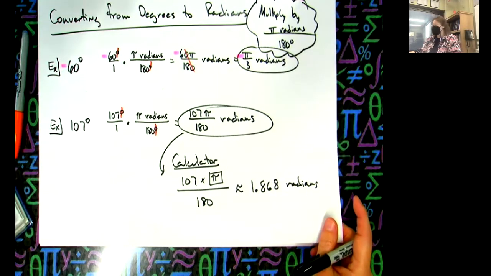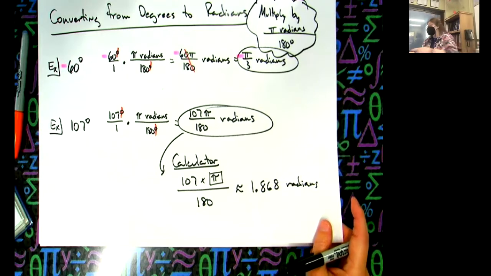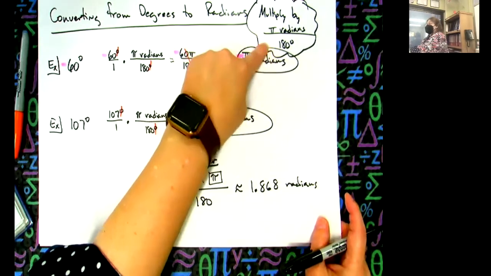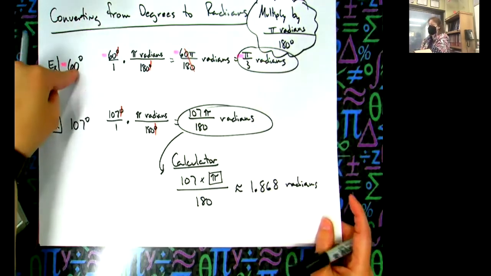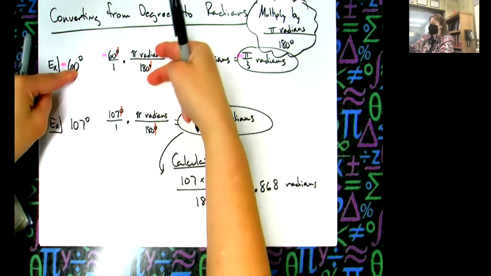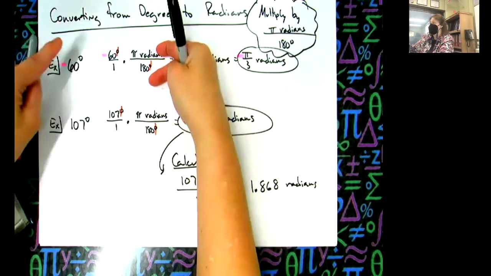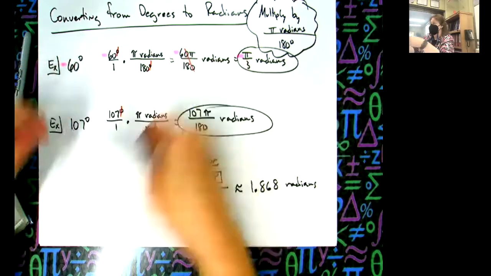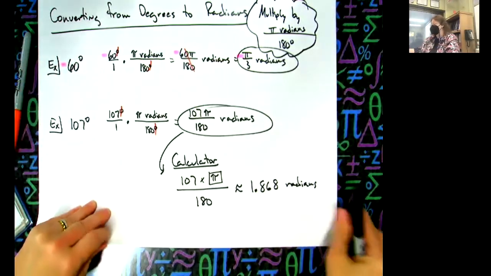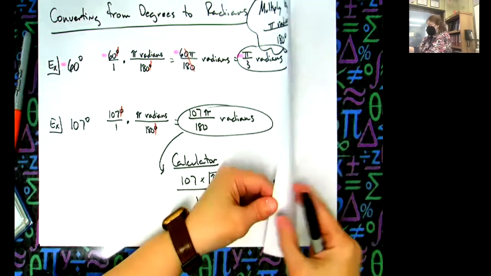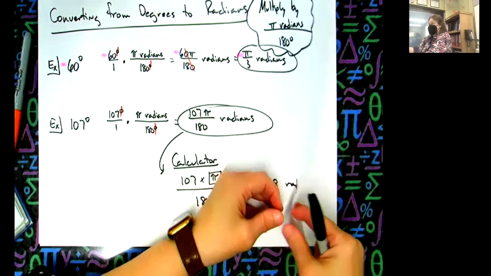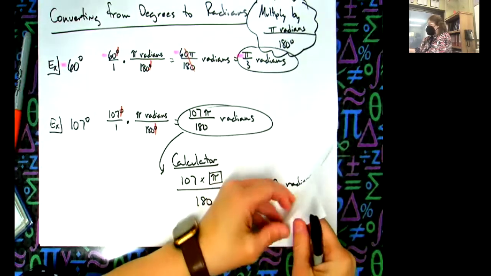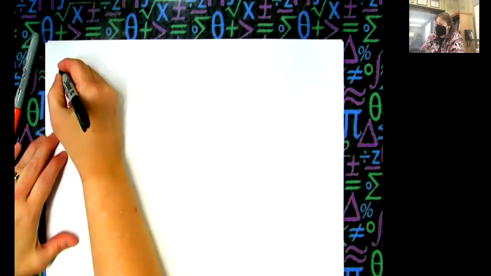Okay, now, again, if I'm going the other direction, if I had radians here, I would just need to flip that, right? Because radians would be on top. I want radians on the bottom, so the radians cross out. So if I'm going from radians to degrees, I'm going to multiply by the inverse or the reciprocal factor. Okay, so we'll go ahead and do some examples.